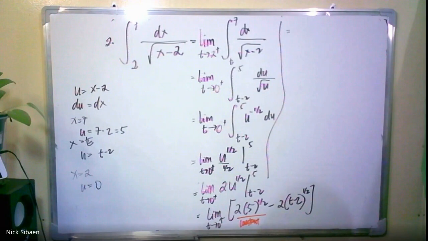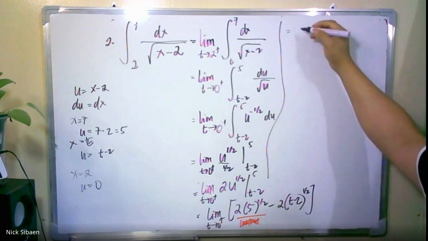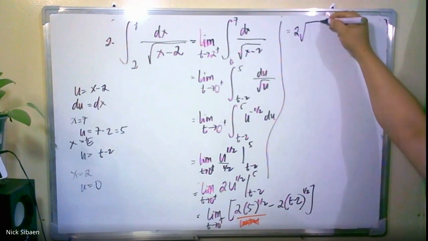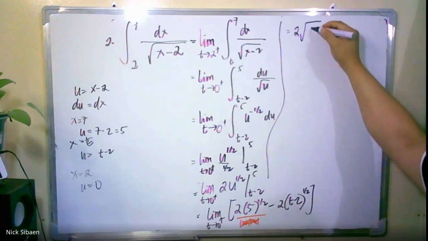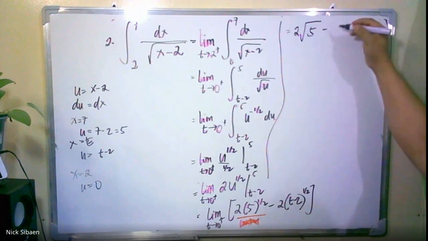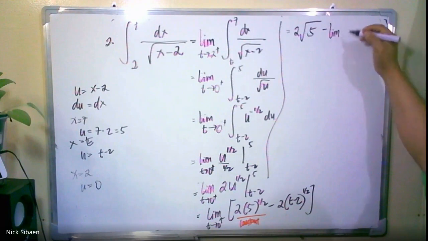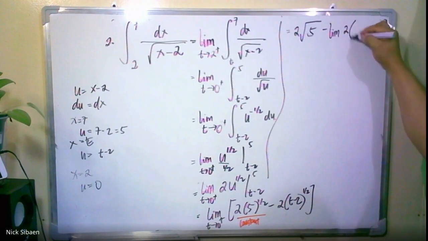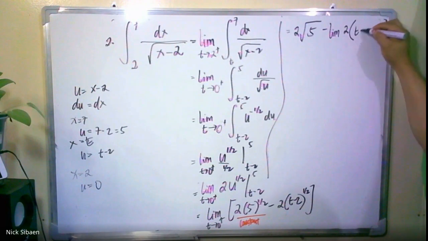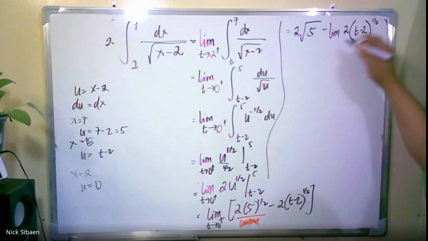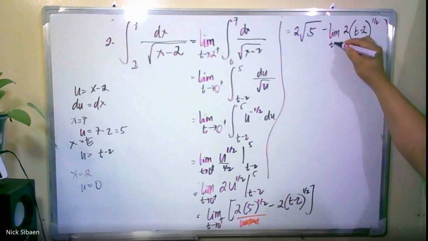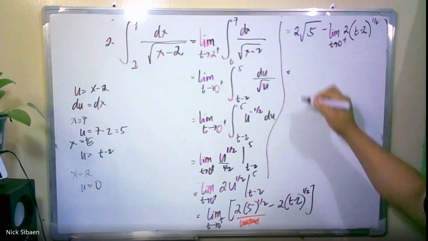That is just 2 square root of 5, di ba? Kaya pwede bang isulat na natin diretso? The limit of 2 square root of 5 is just 2 square root of 5 minus, ang problema na lang natin ay to compute the limit of this one, 1/2 as t approaches 0 from the right.